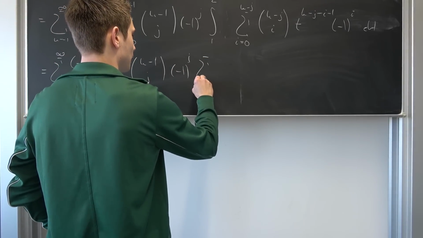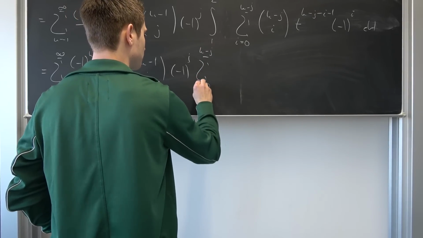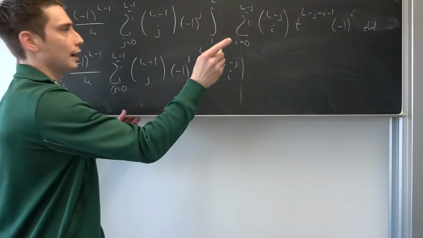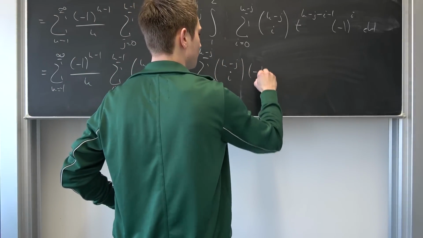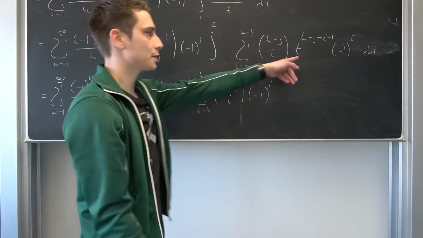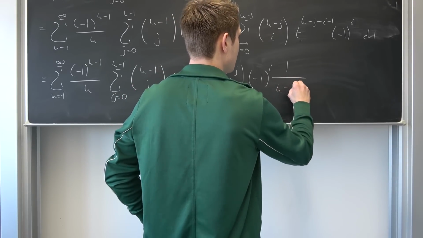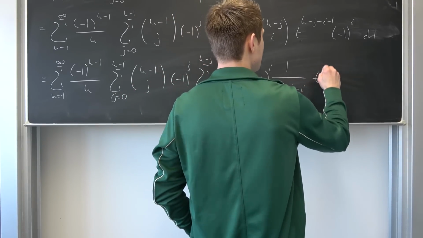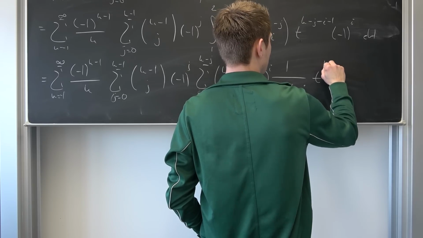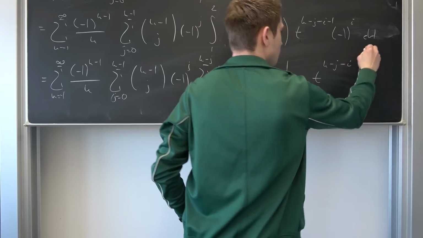Sum running from i equals 0 to k minus j, k minus j choose i, negative 1 to the ith power. Integrating this is quite easy. We are going to add 1 to this exponent and divide by this chunk, 1 over k minus j minus i, t to the k minus j minus i, from 1 to 2.